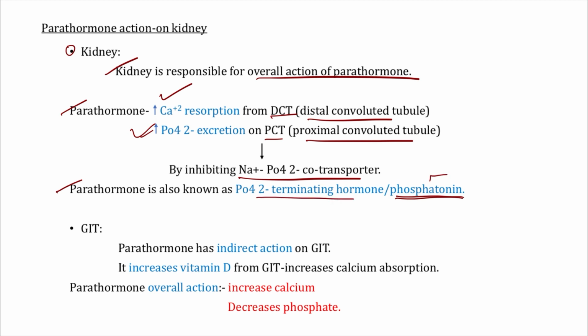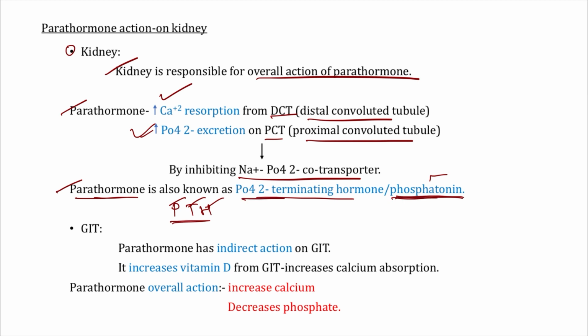How to memorize this? Parathormone hormone, PTH: P means phosphate, T means terminating, and H means hormone. So our parathormone or PTH is also known as phosphate terminating hormone, phosphatonin.